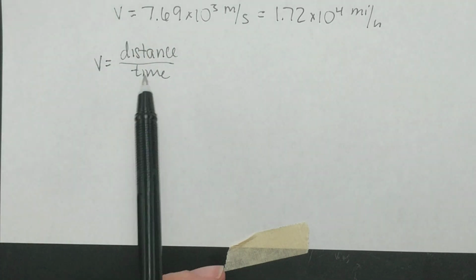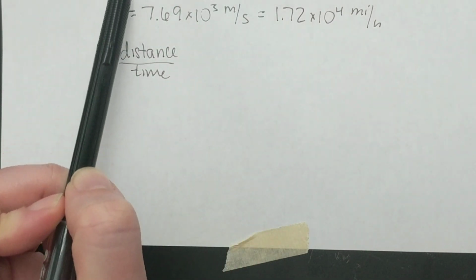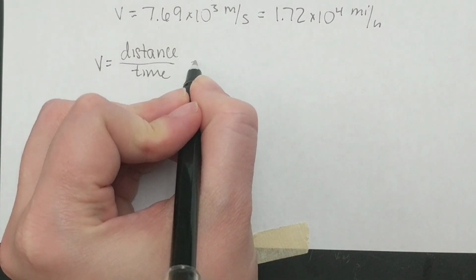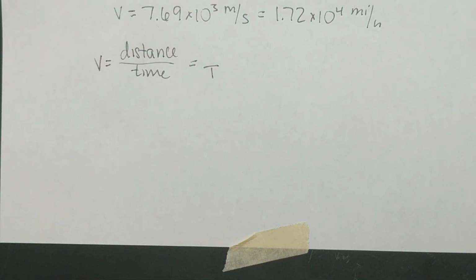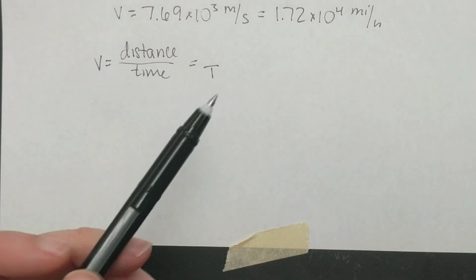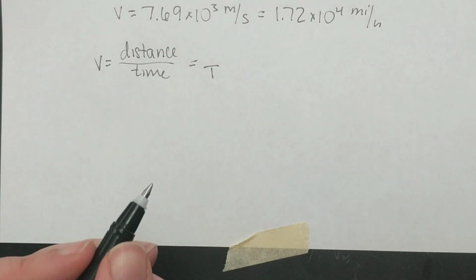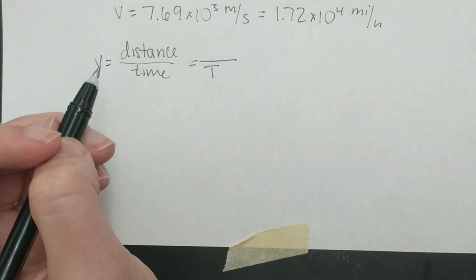This is useful because we want to find the time for one orbit, and one orbit is one complete circular path. Let's write this time as capital T. The reason I'm using a capital T rather than lowercase t is that you usually use capital T to signify period, the time it takes for one rotation, one circle.